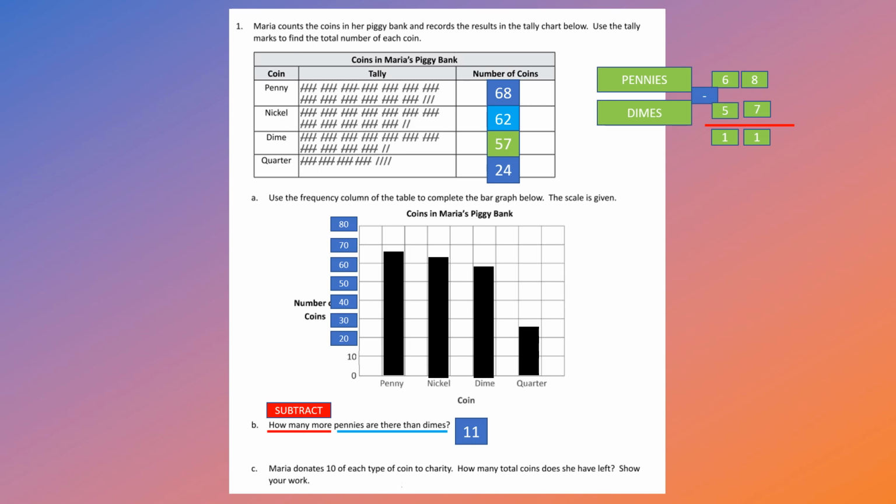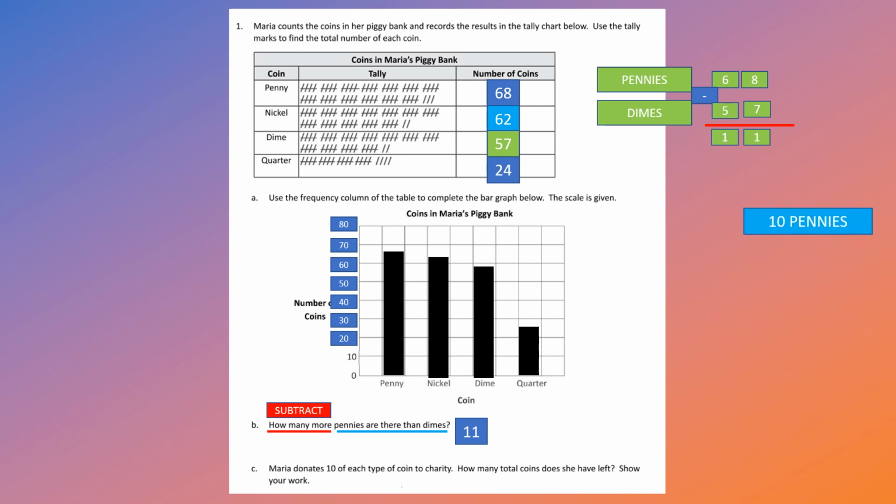Moving on to C. C says Maria donates 10 of each type of coin to a charity. How many total coins does she have left? Show your work. Okay, now let's read that a little bit at a time. Maria donates 10 of each type of coin to charity. So I'm going to write a note to myself.